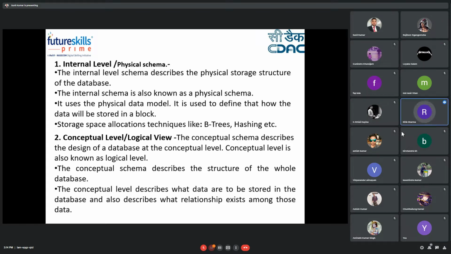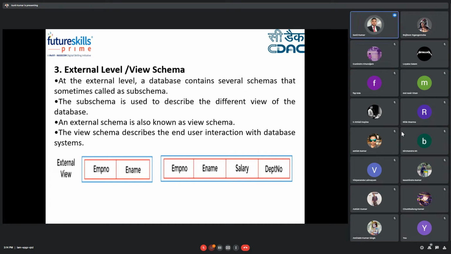Okay. Yes, sir. The third one is the external level schema. Basically, external level schema is the user view, right? Because when you work with your computer system, how do you interact with it? By using an interface known as an application program.